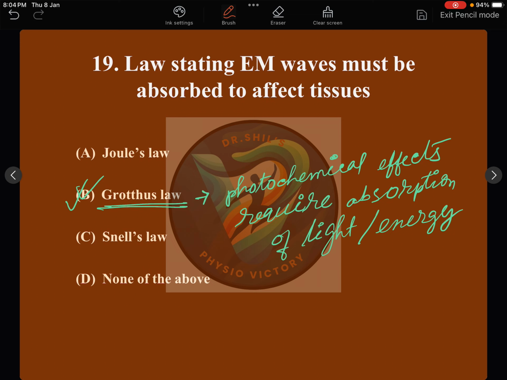Joule's law is heat from the current. And Snell's law is basically refraction.